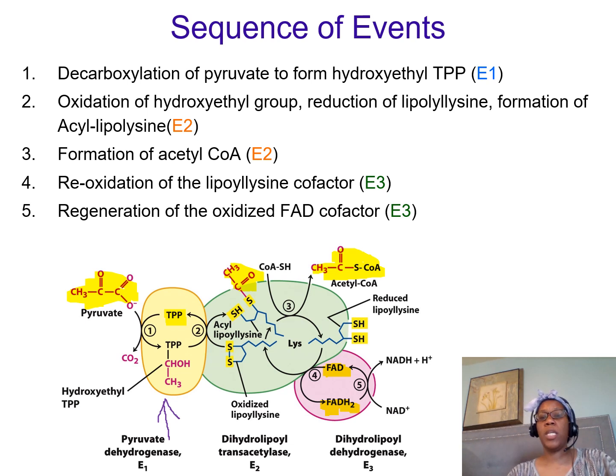Now we created FADH2, and that's wrong, so we need to regenerate our FAD. And we're going to regenerate that using NAD+. So now we've gone back to FAD in step 5. We've gone from NAD+ to NADH. And NADH is something that we can utilize later as an electron carrier. So everything is regenerated. Acetyl-CoA is created. And we've utilized all of our 5 different cofactors, ending with NADH, which can be an electron carrier that we'll use in oxidative phosphorylation.